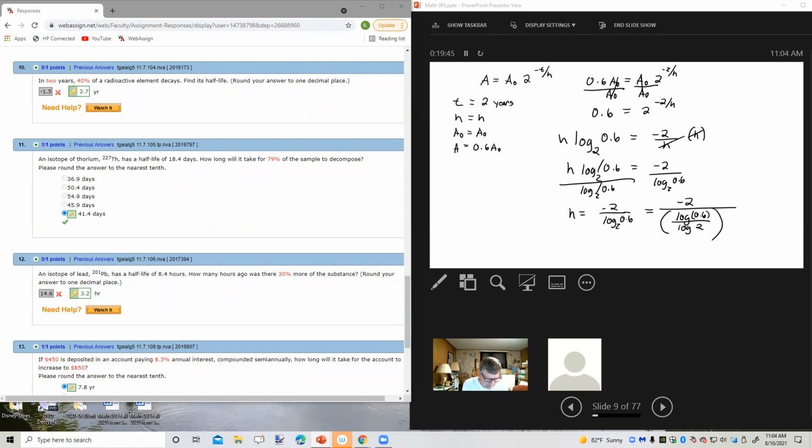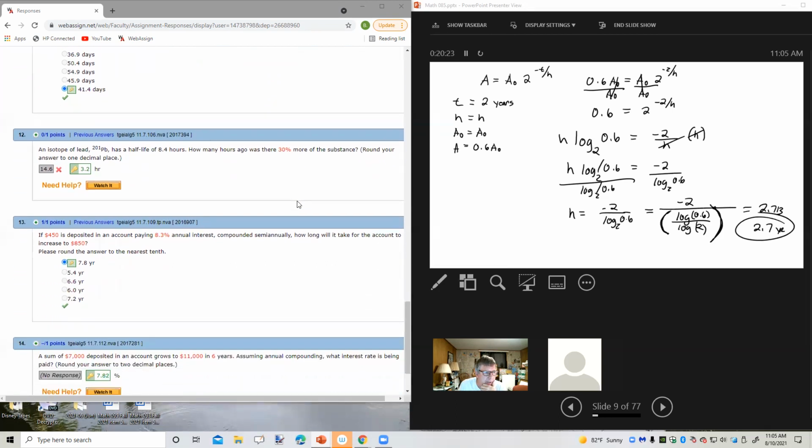Then divided by the log of 2. Close the parentheses around that, and then close the parentheses around that whole thing. So I've actually got 3 sets of parentheses. Okay, and I get 2.713. It says round to 1 decimal place, so 2.7 years. Okay with that? Yep. All righty. Anybody else, any questions on that one before we go on?